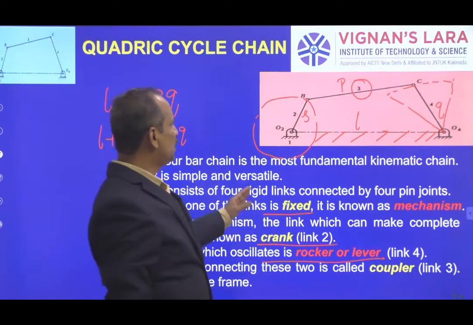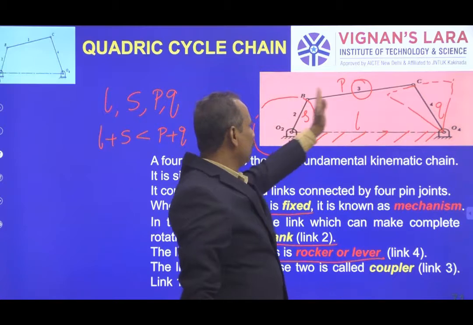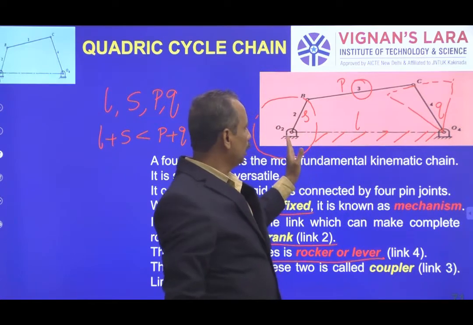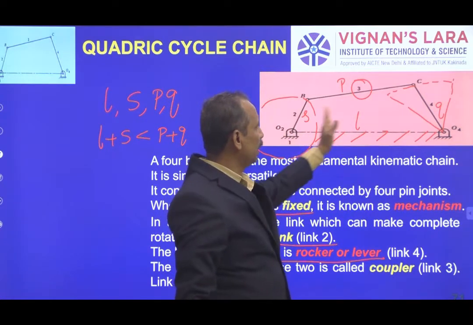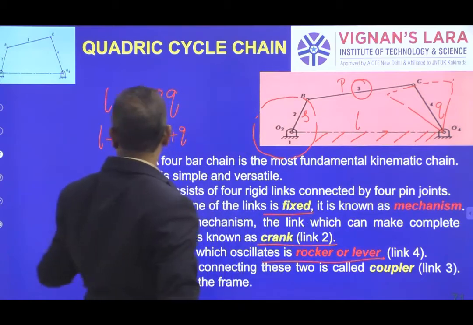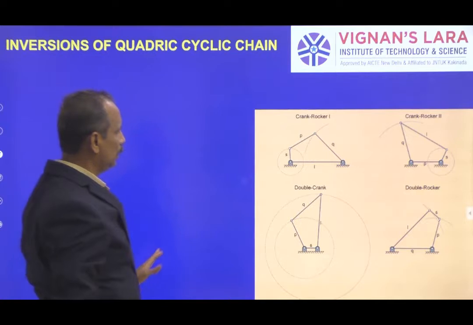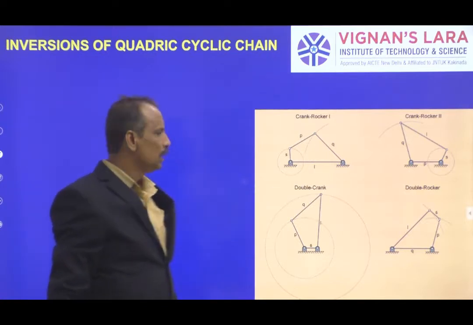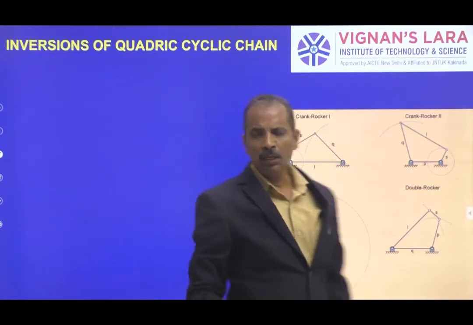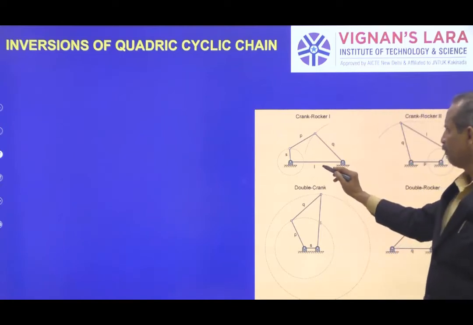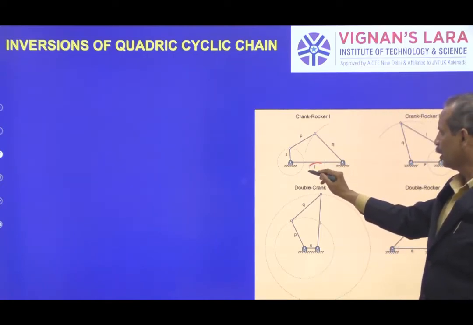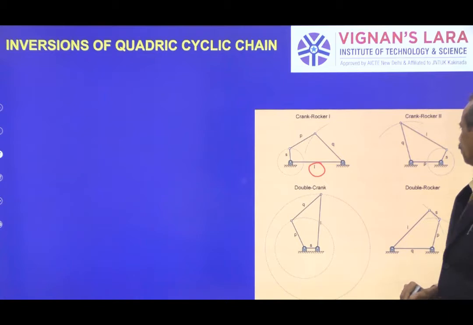So by fixing one of the links in this kinematic chain, I get different mechanisms. What different mechanisms can I get? Look here. You can observe that in the first, the larger link is fixed.